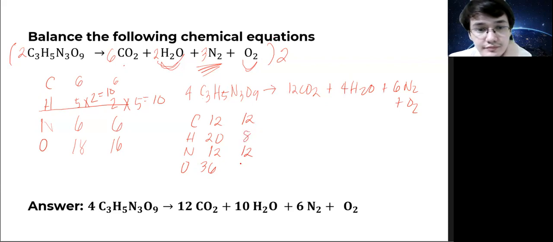Then sa oxygen nato 12 times 2, 24 plus 4, 28. Then na-put tayo other one, so 30. Kulang og 6. So, unsa man ang buhaton para mo-equal 20? Okay.